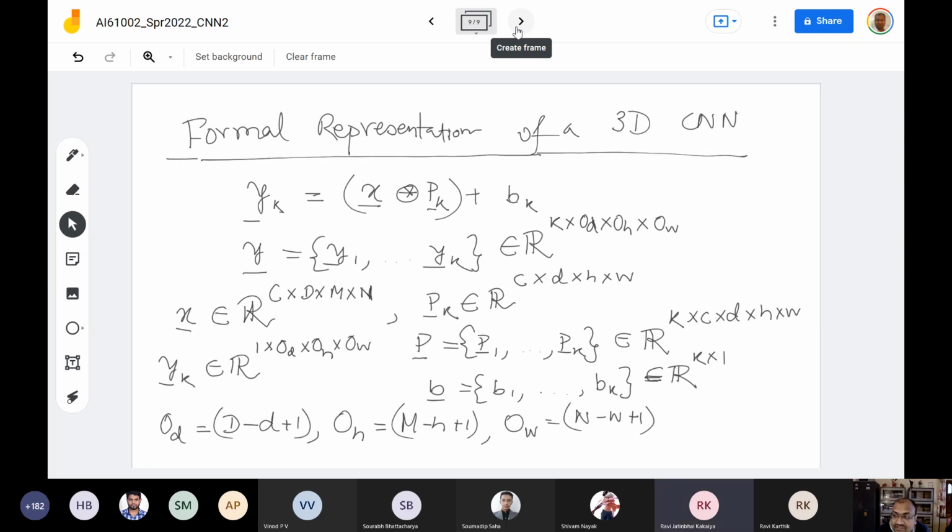And C is the number of channels. So C is the red channel, green channel, blue channel. So if I'm just looking at the red channel across multiple timestamps. Okay, sir. So while convolving it, we will be taking all the red channels and convolving along the time dimension also. Okay, sir. But I'm not taking a channel by channel convolution. I'm taking all the 3 channels and convolving together. Yes, sir.